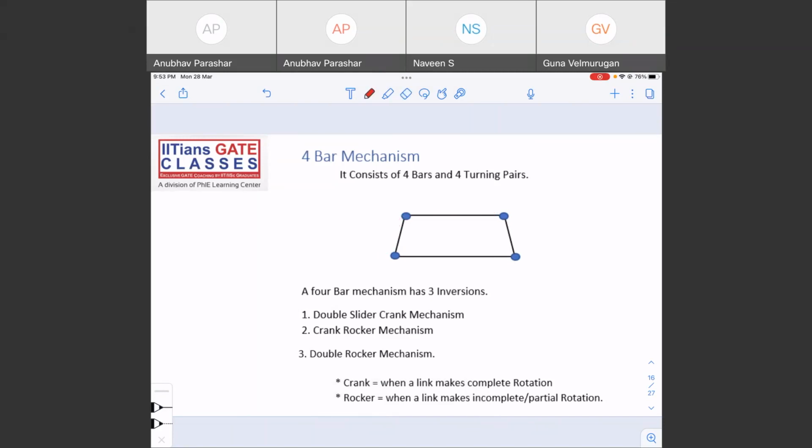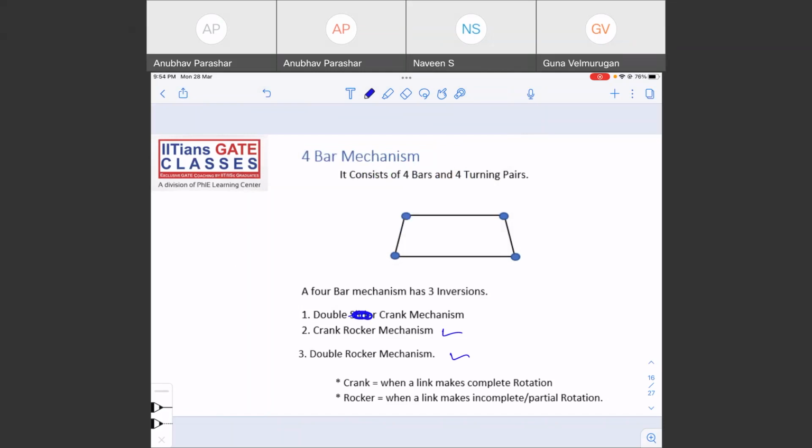So you might obtain a double slider. Not double slider, double crank. Double slider will not come. You can obtain a double crank mechanism, or you can obtain a crank rocker mechanism, or you can obtain a double rocker mechanism.